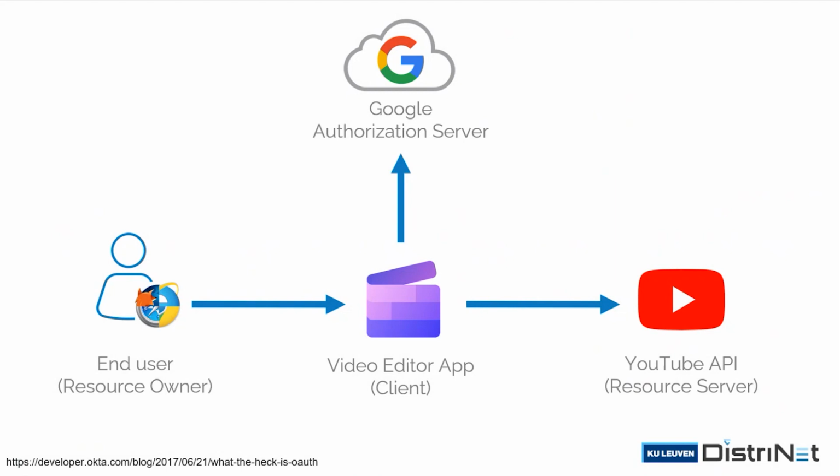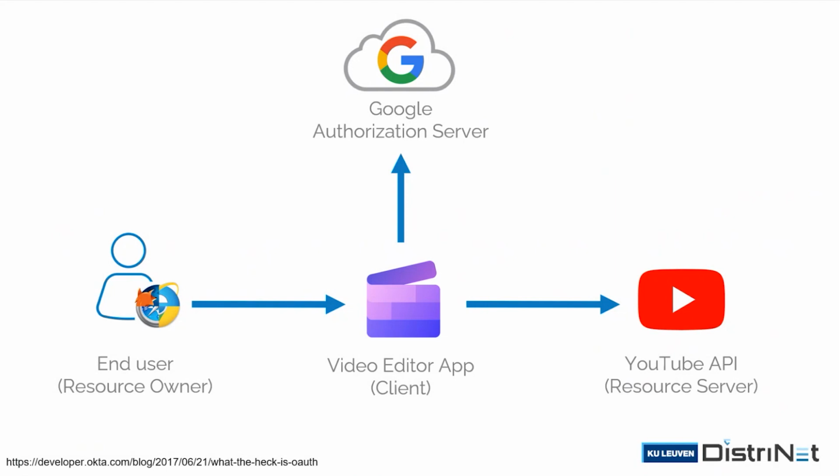Let's imagine we have a video editor app. It could be an app on your phone, it could be a website, doesn't matter. And it's a video editor, so obviously it would like to have access to the YouTube API, right? To access the YouTube users' video files.